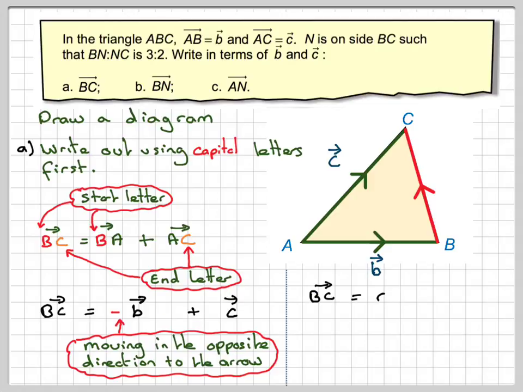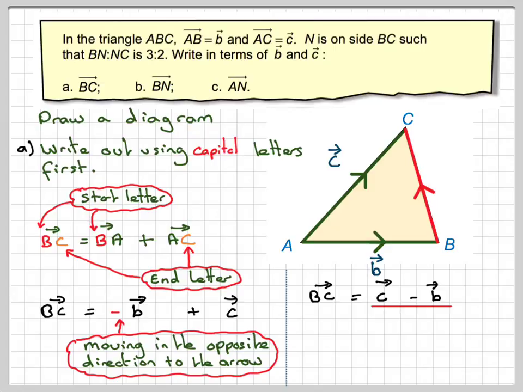Normally the final answer would be written BC is c minus b. All we've done is swap those around, and that's okay. But just remember, we're going from B to C, we're going against b and with c, so minus b plus c. That's a very, very important concept to realise, and it's a good idea to write it out like that first.